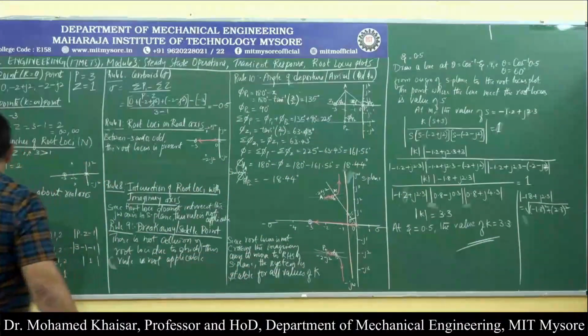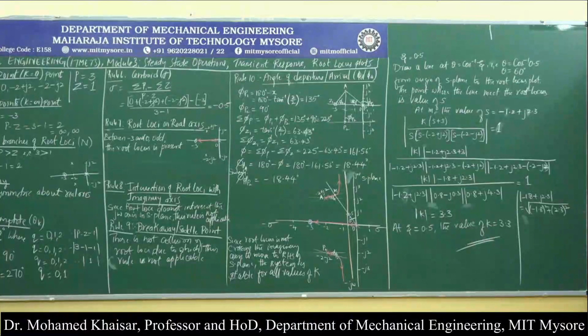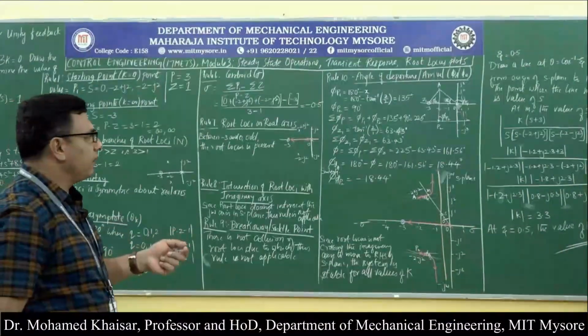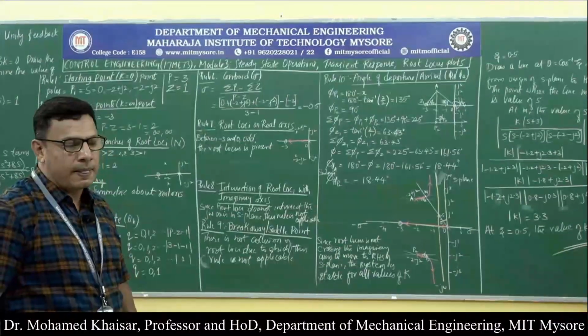So in this problem we have applied all the 10 rules. Rule number 8 and 9 are not applicable. We have also found the answer for the extended part of the question.